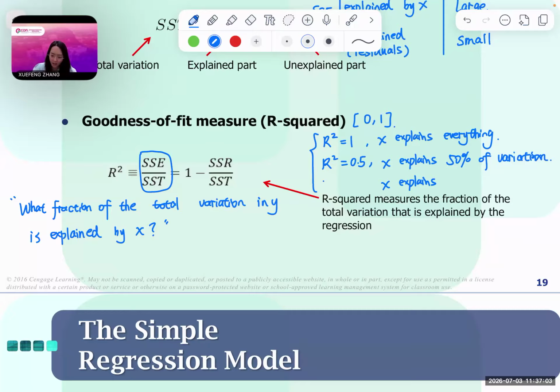Another case, if R squared equals 0, it means X explains nothing.